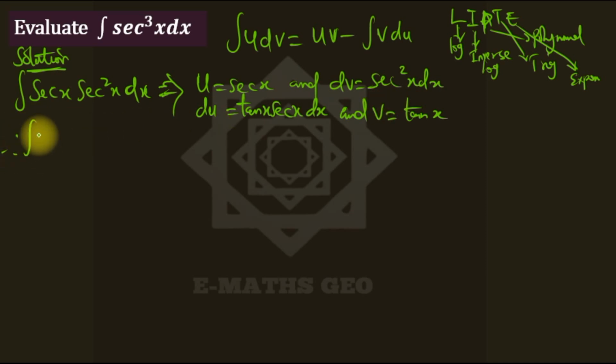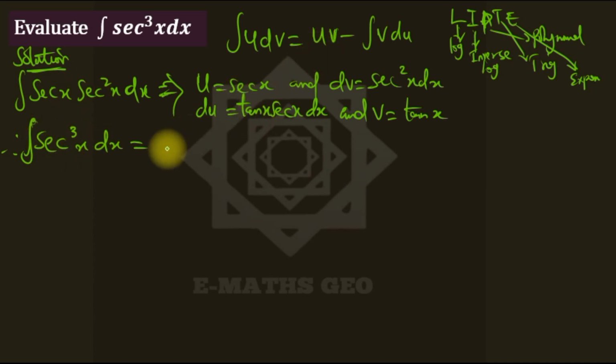Therefore, we now have the integral of sec cube x, remember, using this formula. This and this are the same, so I write this back because I will use it later.